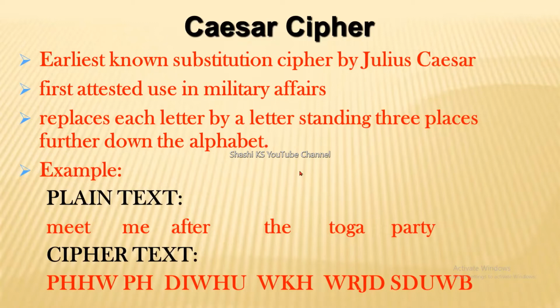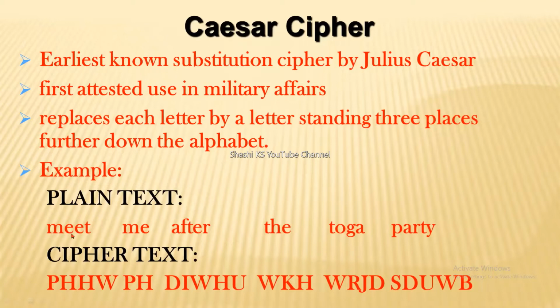Say, for example, if in the plain text you have "meet me after the toga party". From M, three places further down the alphabet is N, O, P. So in the ciphertext, instead of M, P will appear.